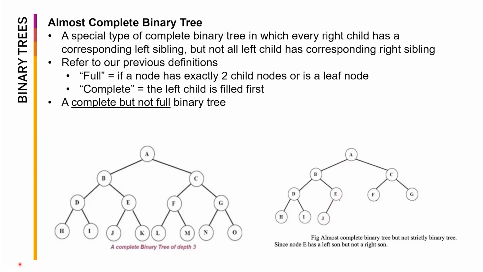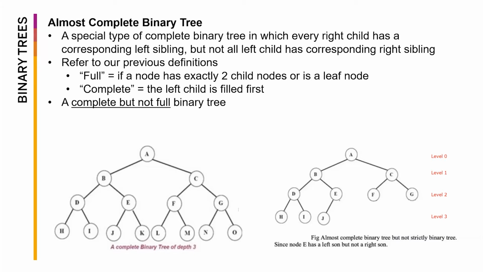Okay, let me repeat that. All the leaf nodes are pushed to the left, meaning when we reach level 3, since this is level 0, this is level 1, this is level 2, and this would be level 3, all the left nodes will be filled first.